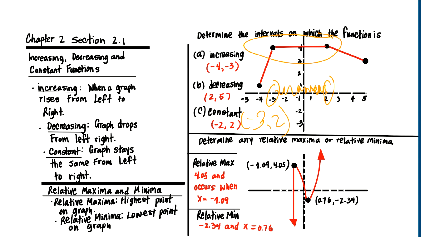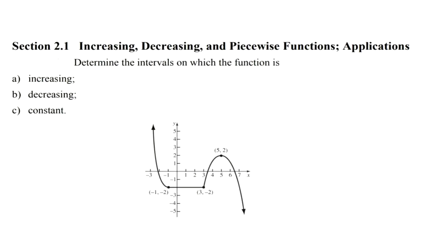Before I do relative maximum and minimum, because I know you guys are reading that already, I'm going to do another example of increasing and decreasing. So I have this graph right here, and I want to know where the graph is increasing, decreasing, and constant. Remember I always start on the left side of the graph. Increasing is in this area right here.